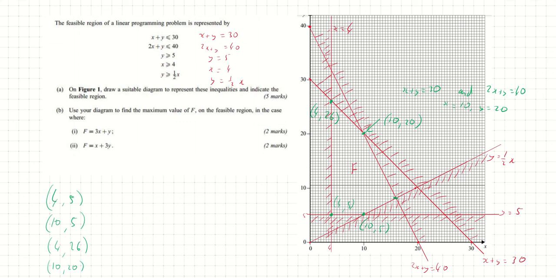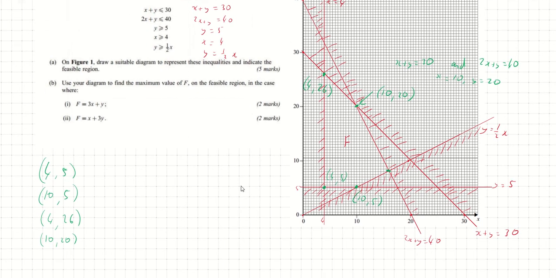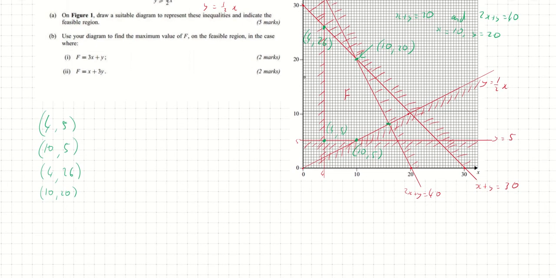And then the final intersection point is down the bottom, the intersection of the two lines 2x plus y equals 40 and y equals a half x. So let's just scroll down a little bit. So we had 2x plus y equals 40 and y equals a half x.